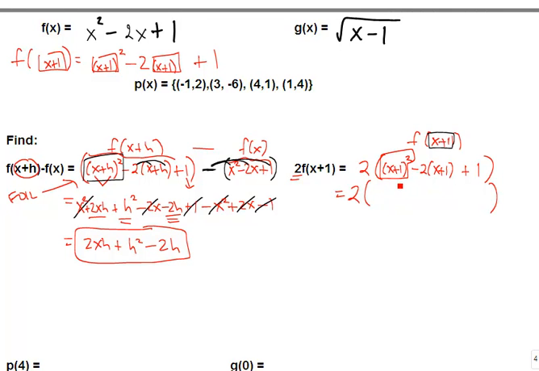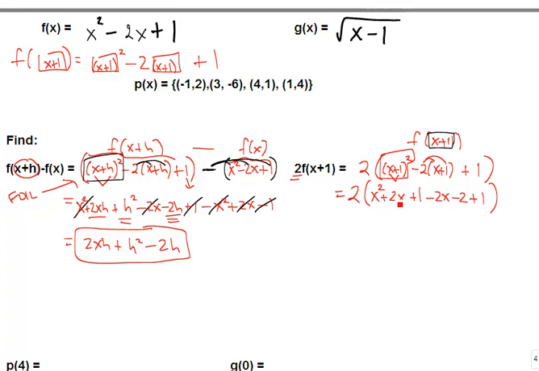So using our FOIL, x squared becomes x squared, 1 squared is 1, and the middle term will be x times 1 doubled, so that's just going to be a 2x, and it's positive because my sign was positive. So that's the square. Now I'm going to distribute my negative 2 across, so we'll get minus 2x minus 2, and then the plus 1 on the end just stays put. So now we've expanded and distributed and gotten rid of all the parentheses on the inside.